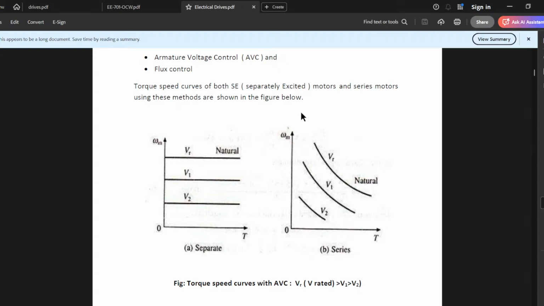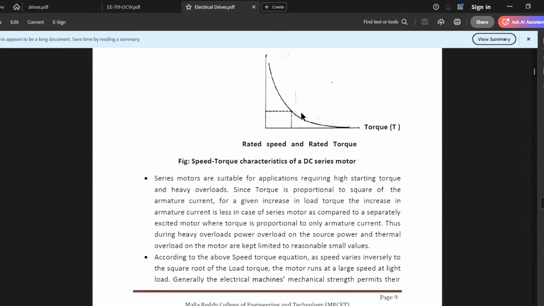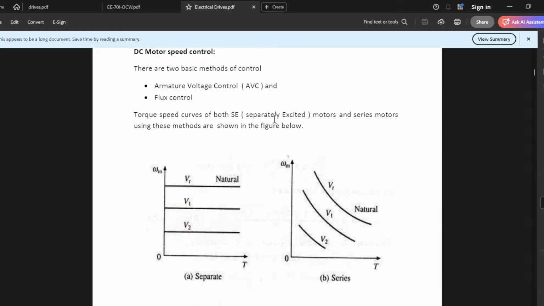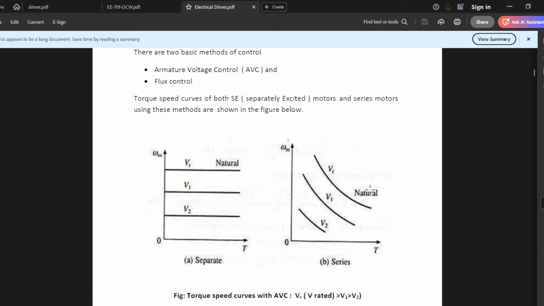But in series, according to this diagram, the speed torque will be like this. Here the speed will be constant with increasing torque. Here it will be squared, inversely proportional. So V2, then V1, and VR.